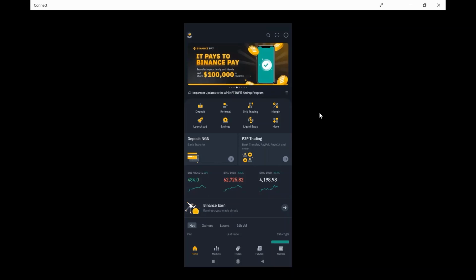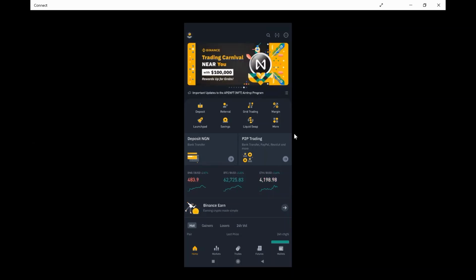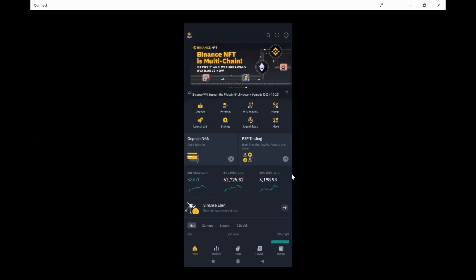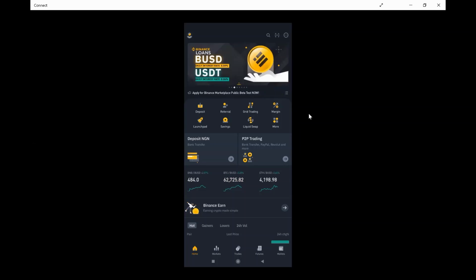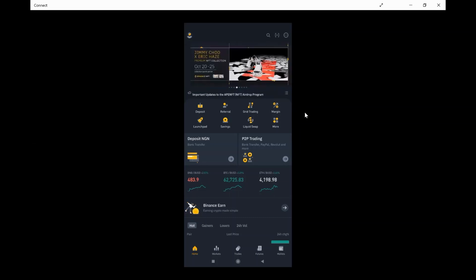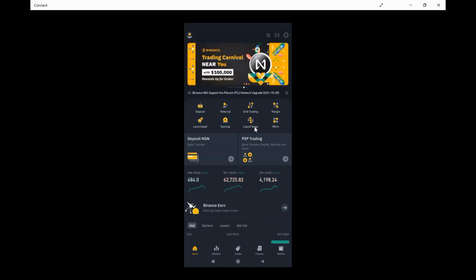Okay, today's video, we'll be looking at how to trade on Binance P2P. You've installed your Binance app, you've registered, verified your ID, and also activated the two-factor authentication, which usually should be your email and your SMS.